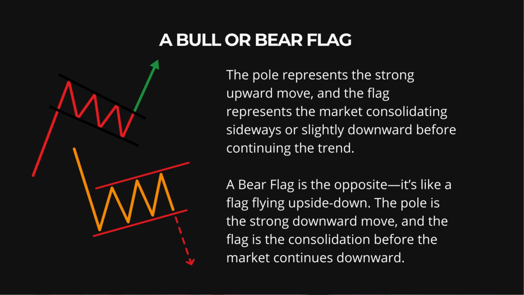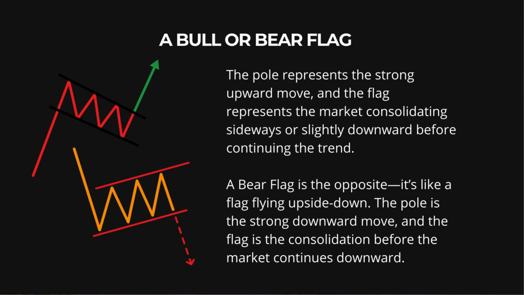A bull flag is like a flag flying on a tall pole during a windy day. The pole represents the strong upward move, and the flag represents the market consolidating sideways or slightly downwards before continuing the trend.